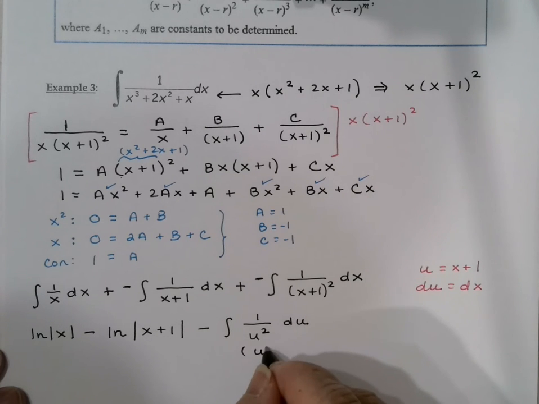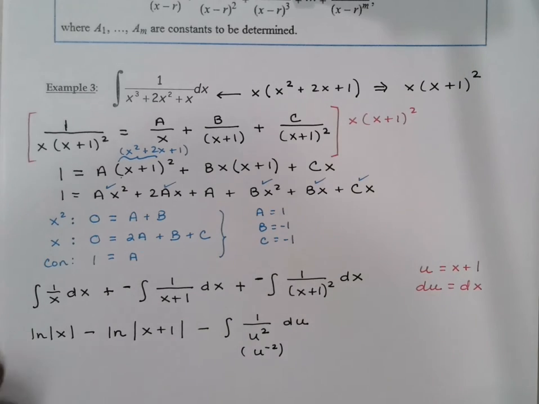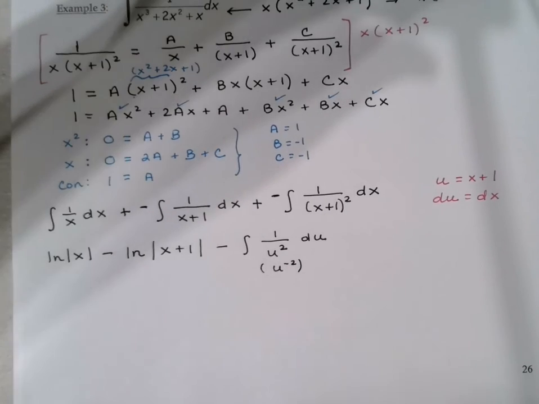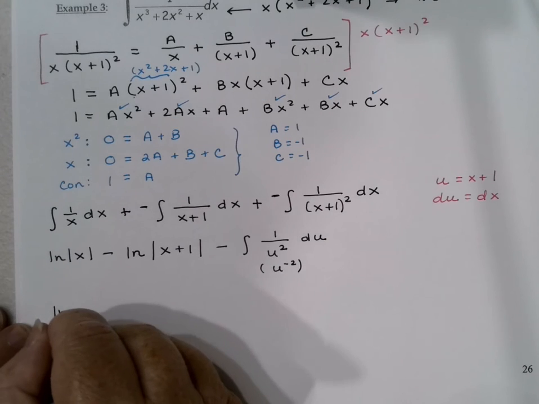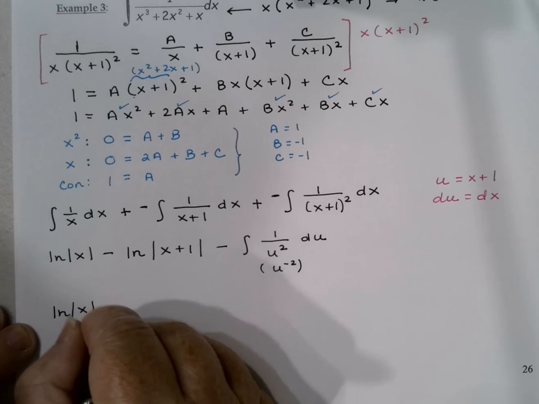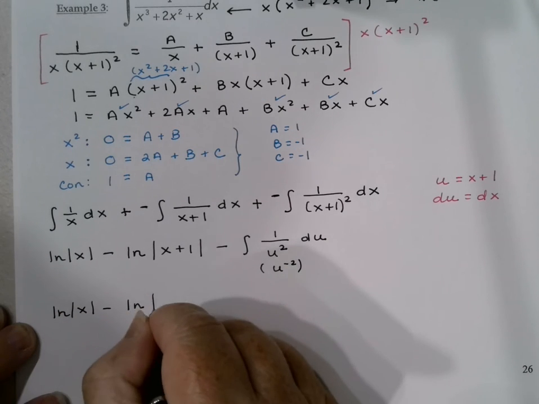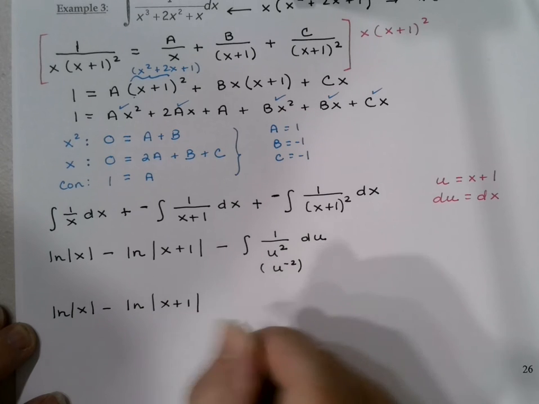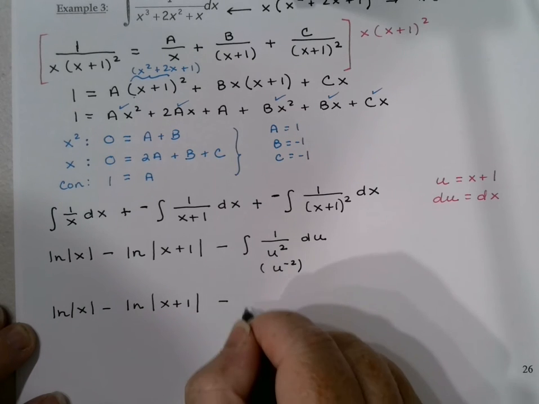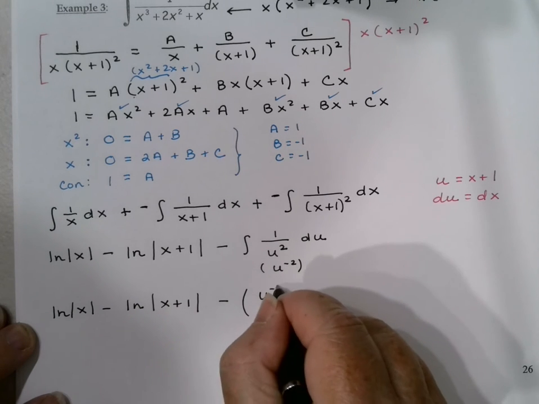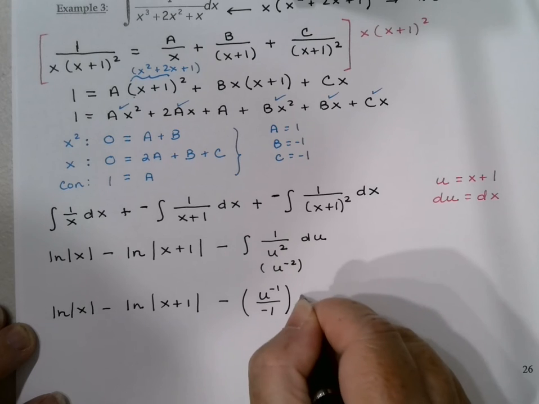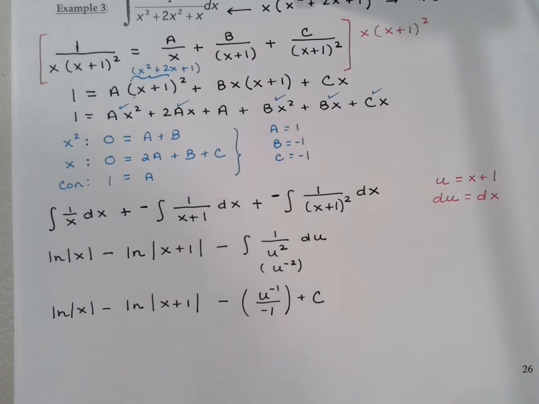Or in other words, that's really u to the negative 2, right? So I'm going to integrate that with the power rule. That would be u to the negative 1 divided by negative 1 plus C.